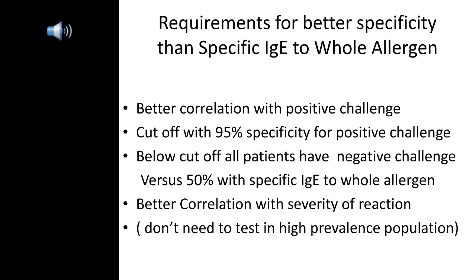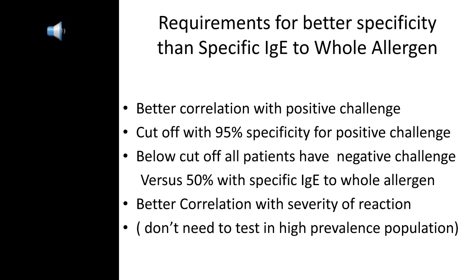The IgE has to have a better correlation with positive challenge in food allergy. If we can get a cutoff above which there's 95% specificity, that's fine, and we can do that for both the newer and the older technology.